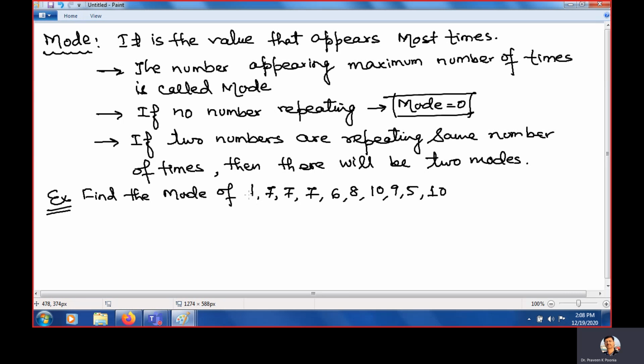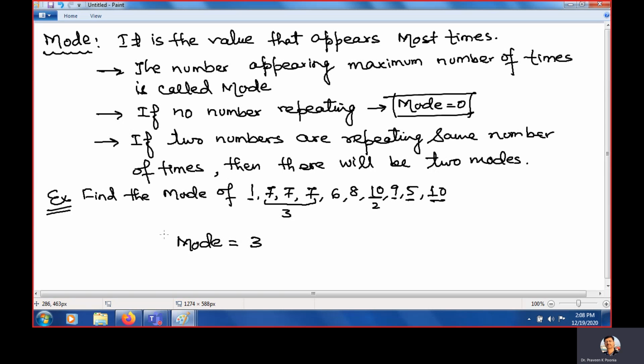If you see, 7 is coming 3 times, 6 is one time, 8 is one time, 10 is coming 2 times, 9 is coming one time, 5 is coming one time. Clear? So only two numbers are repeating, 10 and 7. But 10 is repeating 2 times, 7 is repeating 3 times. So which number is repeating more times? 7. How many times? 3.